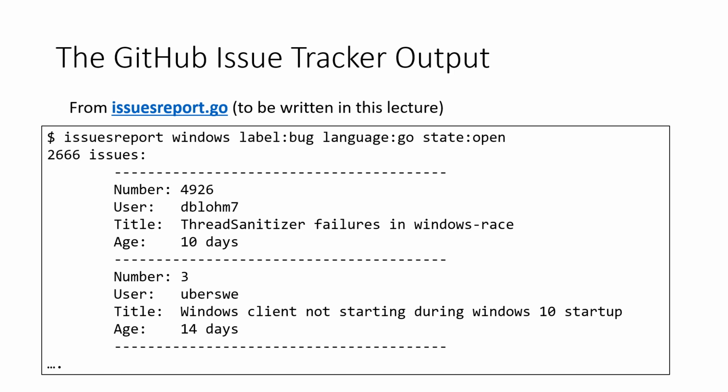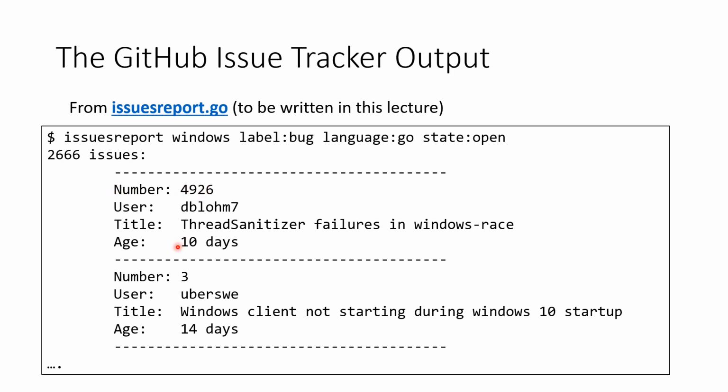So in this lecture, we will want to write another GitHub issue tracker program named issuesreport.go that works like issue.go but displays the output in a nicer format in which the details of each issue are shown in several lines, and each line is for one field, including the field name and the field value.